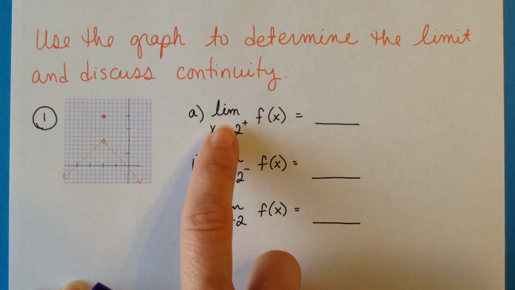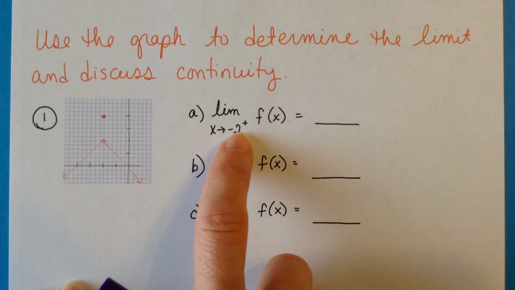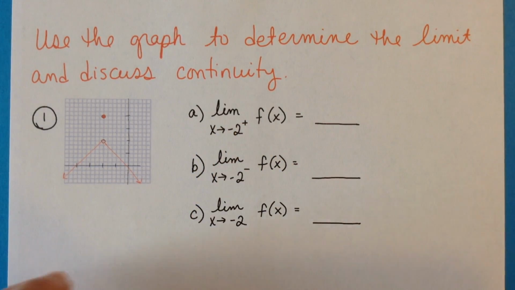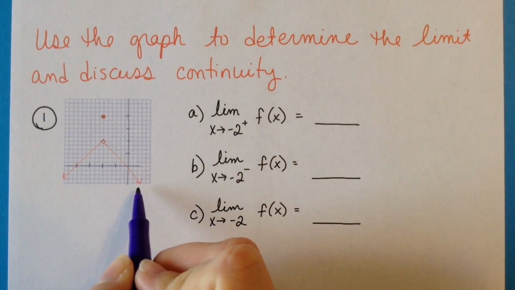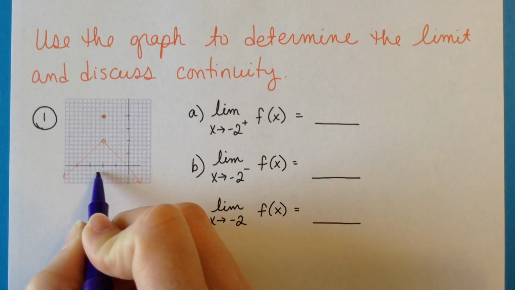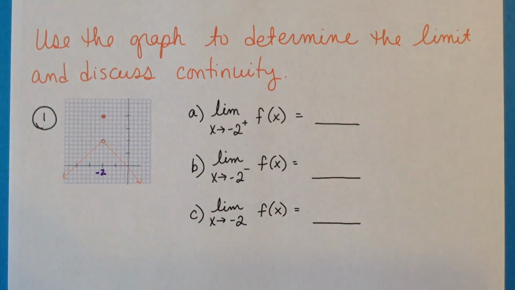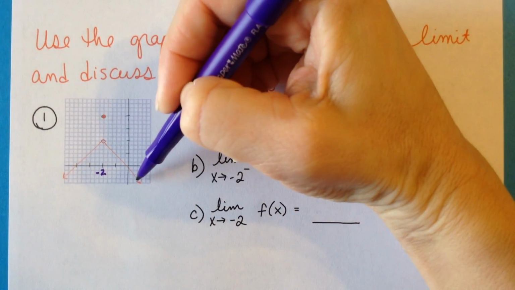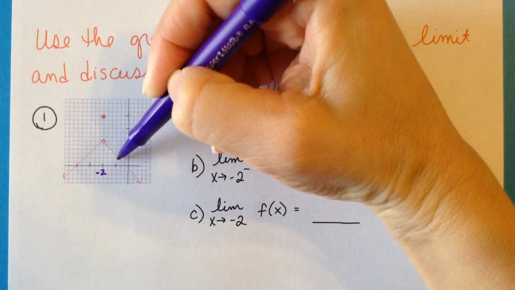First of all, we're asked about the limit as x approaches -2 from just the right-hand side. The only part of this graph that you need to consider is what's happening on the right-hand side of -2. Of course, this is your -2 tick mark here. So you would only look to see what's happening here.